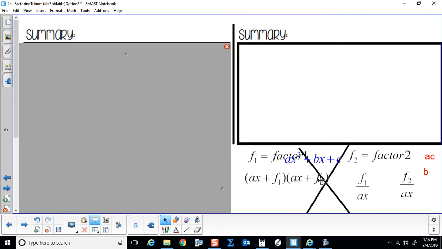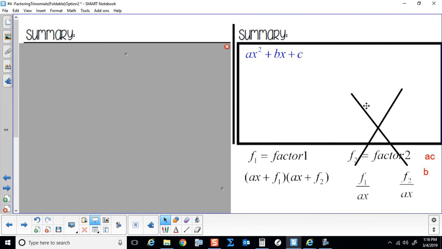So let's summarize what we're going to do here. I'll give you the formula, and then we'll do a practice problem. We are going to start with ax squared plus bx plus c, a quadratic trinomial. We're going to be using the x method, so we're going to draw an x.